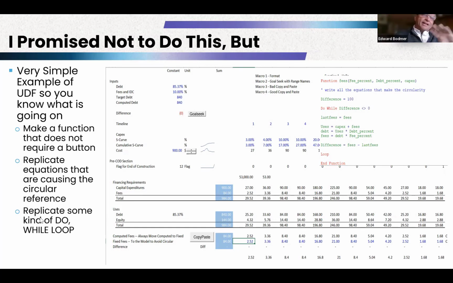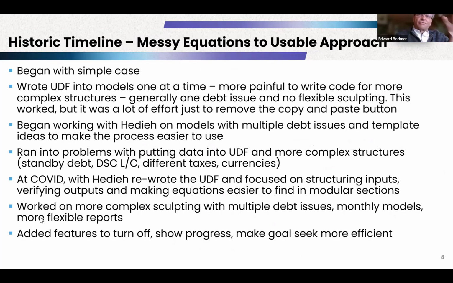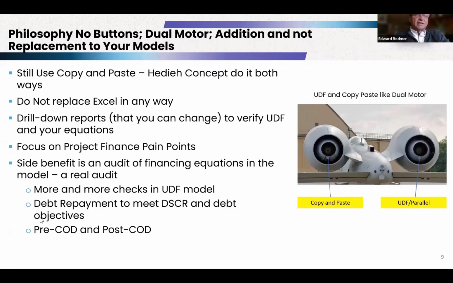That's when Hedy started saying you've got to do two things. You've got to make it easy to use. You've got to make it so people can see what's going on, so it's not some black box. And you've got to make it so it matches the copy paste.